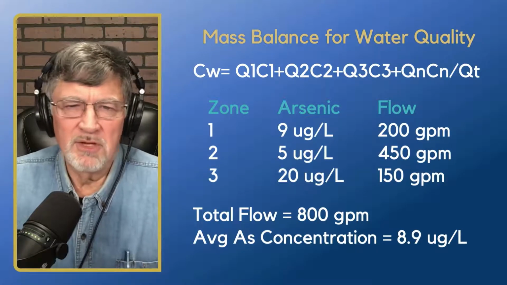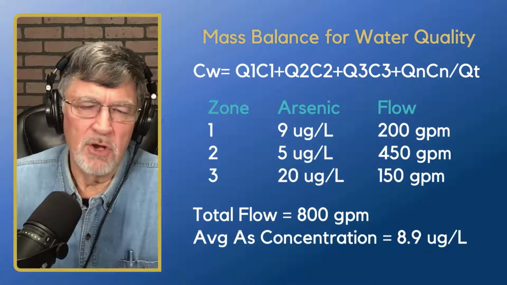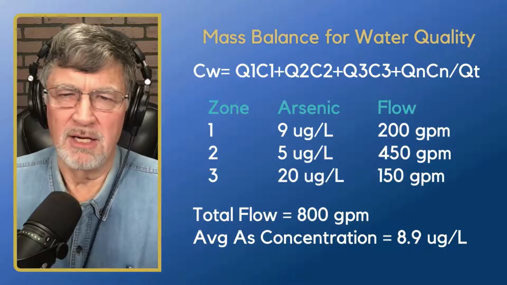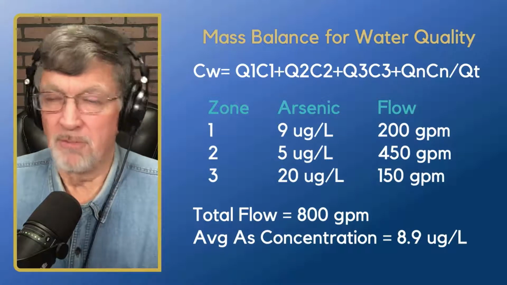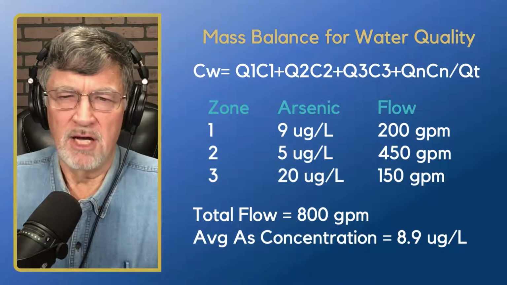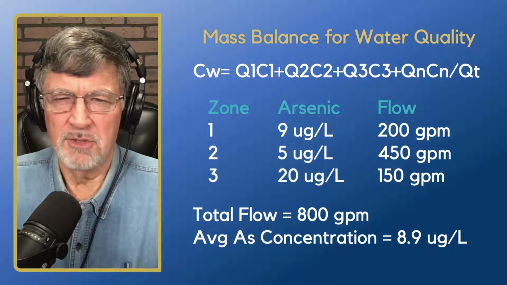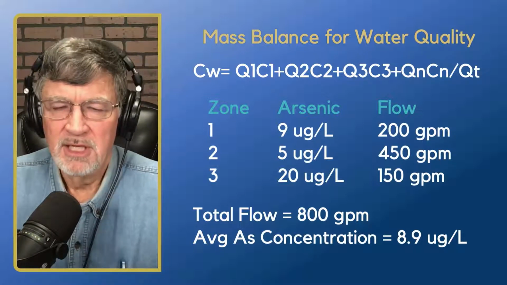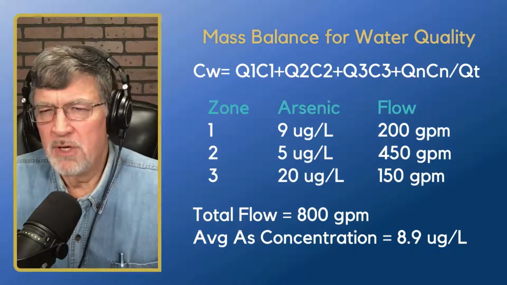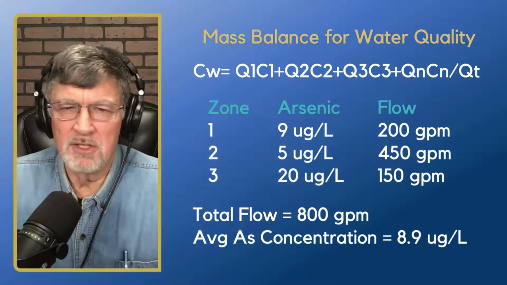So in this case, we have 3 zones we're testing. We have arsenic in the first zone at 9 micrograms per liter, or parts per billion, 5 micrograms per liter in zone 2, and 20 micrograms per liter in zone 3. Our flow is 200 gallons per minute, 450 gallons per minute, and 150 gallons per minute.